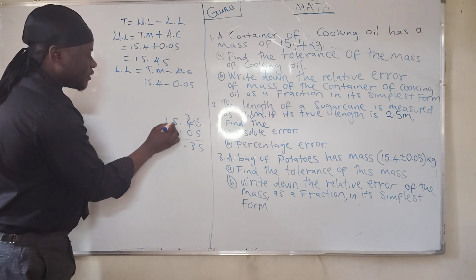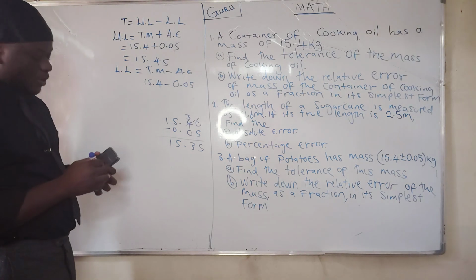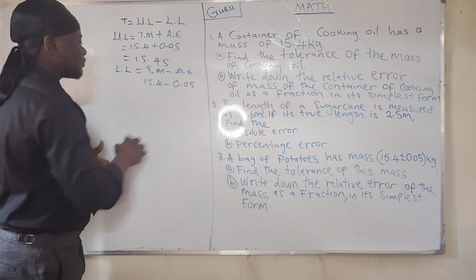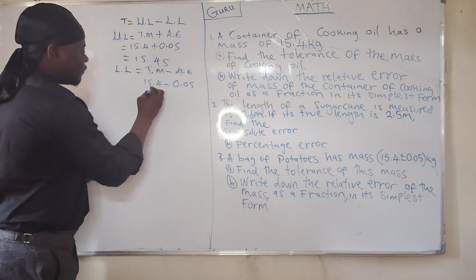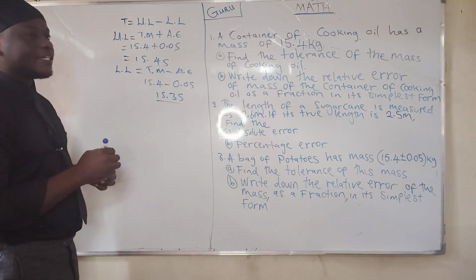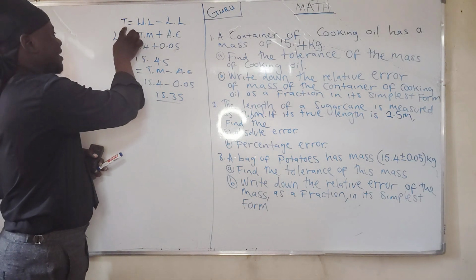Point will come down here. 5 minus 0, 5. 1 minus 0, 1. So you have 15.35. That's your lower limit. So here we have 15.35 lower limit.